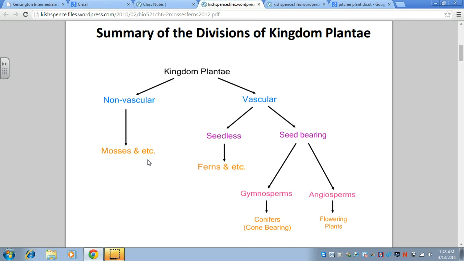They have to live in a really moist environment for reproduction to happen, and also because they don't have conducting tissues or even proper roots with storage capability for water, they are fairly limited in terms of their size. So we talked about their reproductive strategies and looked at their life cycle.